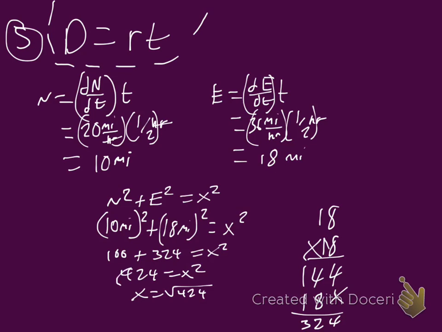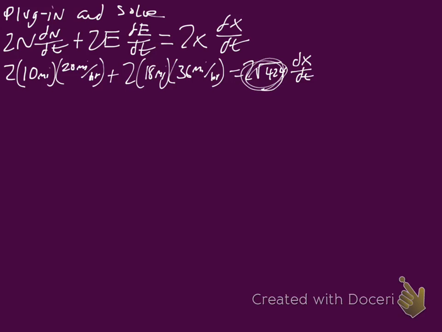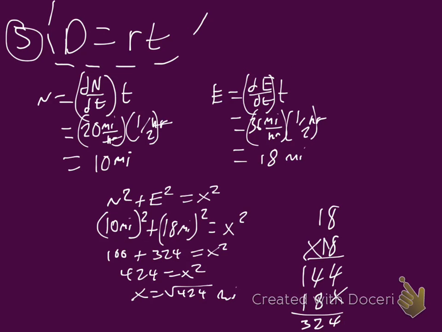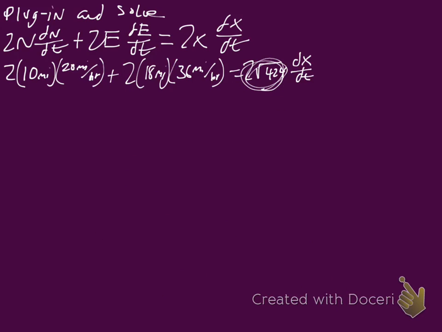So when we square root it, as we do here, you end up with miles. So the unit is miles. That's funny, because I'm forgetting to write my units, even though I'm always like, you gotta write your units, can't forget.